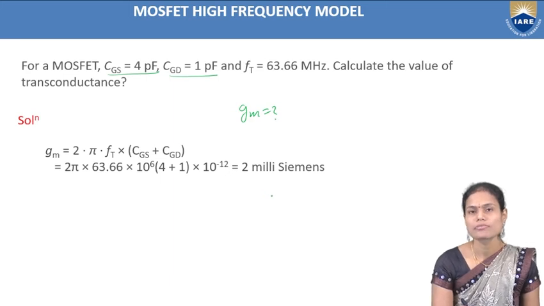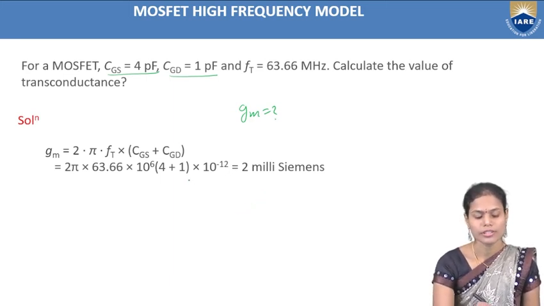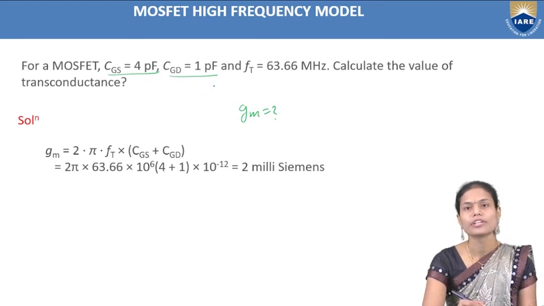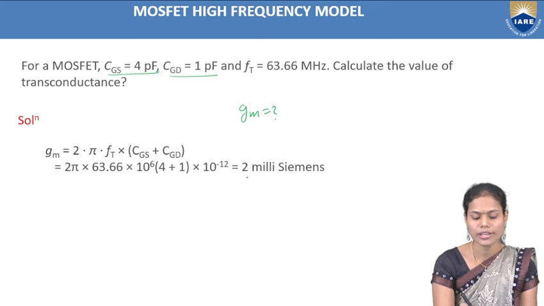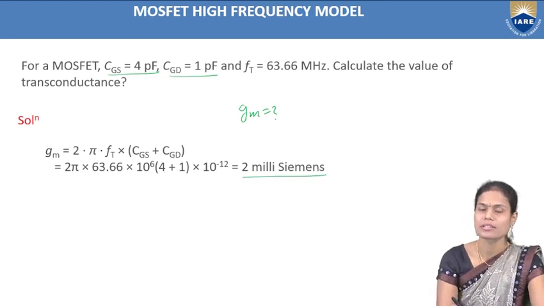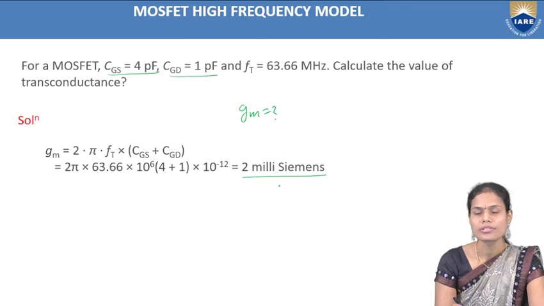From the previous analysis, we calculated the gm parameter as 2 pi fT into (CGS plus CGD). Here all the values are given. Substitute 2 pi into fT, 63.66 into 10 power 6, into CGS 4 plus CGD 1, into 10 power minus 12, because it is in picofarads. If we simplify, we will get 2 millisiemens. The transconductance we measure in siemens, so we got 2 millisiemens here.